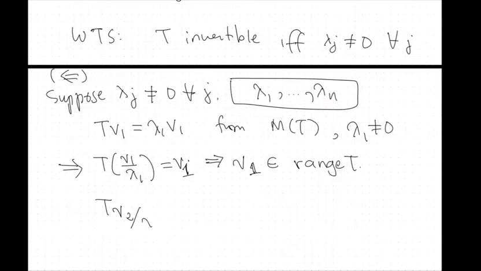We can do the same. T of v_2 over lambda_2, because lambda_2 is not 0, is just a v_1 plus v_2, for some a in the scalar field.